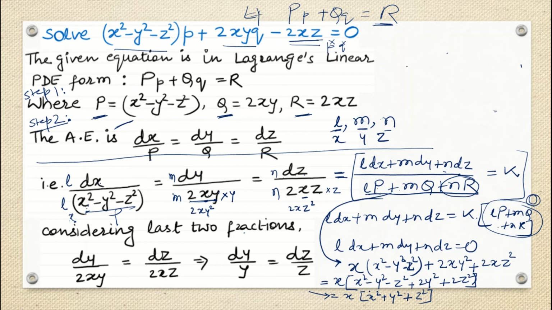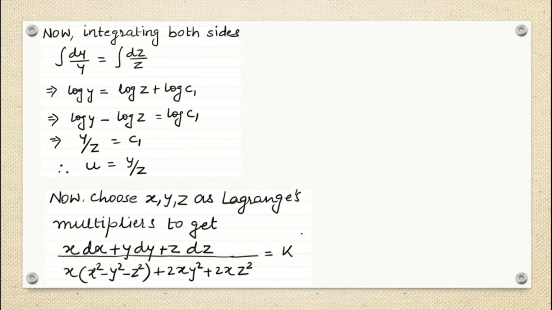So this is the advantage of the combination method, because this combination method allows us at any step to switch either to the grouping method or to the method of multipliers. So we will now take help of the grouping method. Till here, we got this, fine, this is okay.